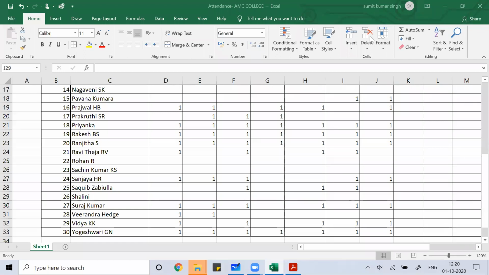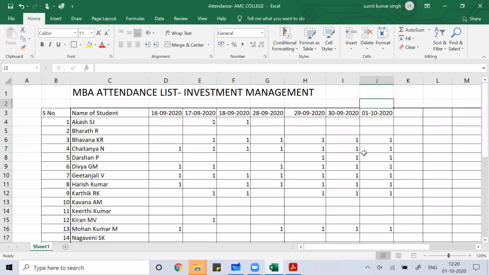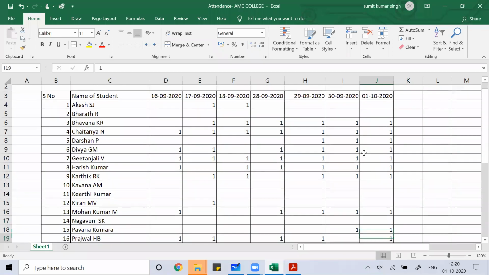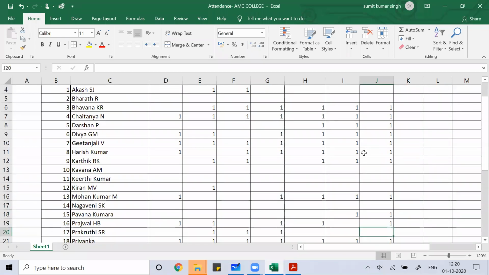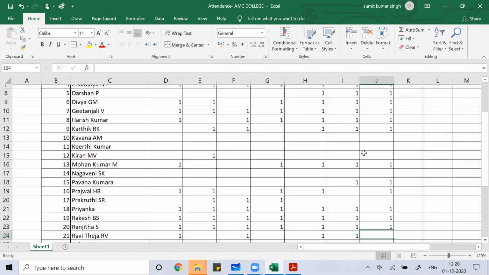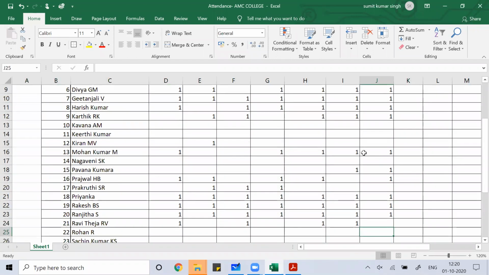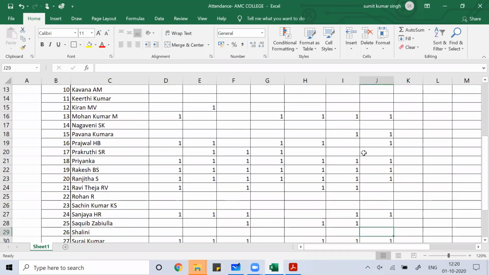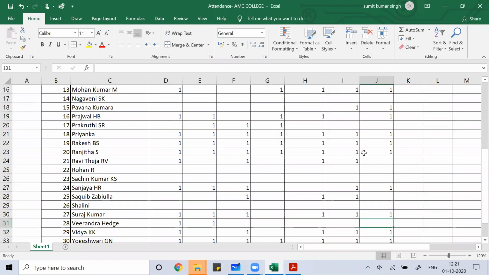Virendra, Yogeshwari, I give attendance. Gitanjali is there. Karthik, Mohan, Pawan, Prajwal, Sanjay, Suraj. Anyone attendance? Did I miss? Akash, Bharat, Kavna, Kirti, Kiran, Nagaveni, Prakriti, Ravi Teja, Rohan, Sachin, Shakib, Shalini, Virendra.